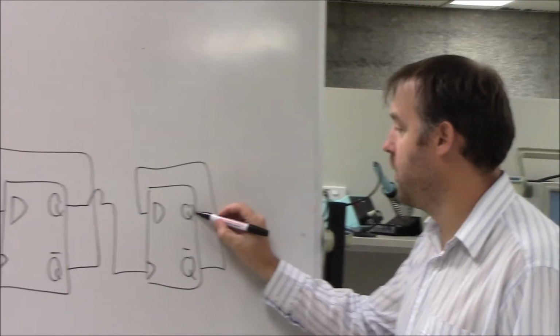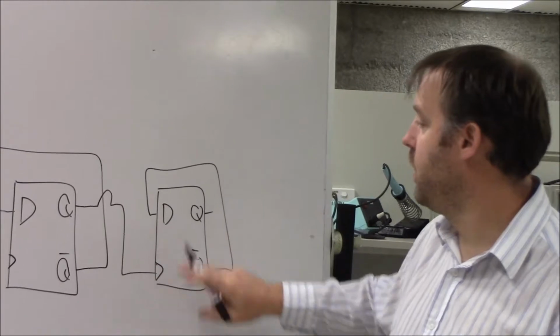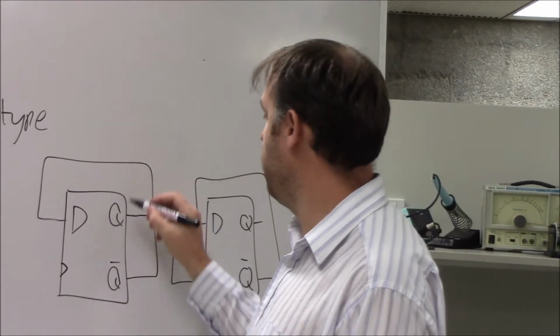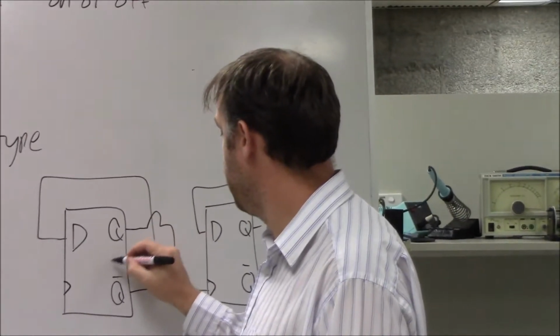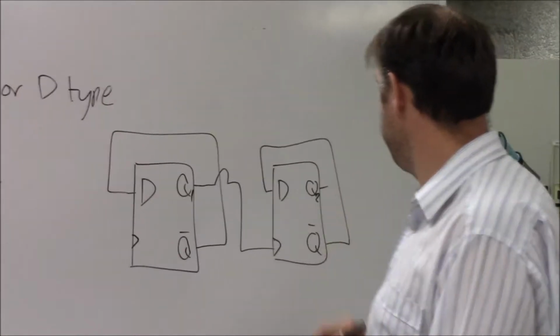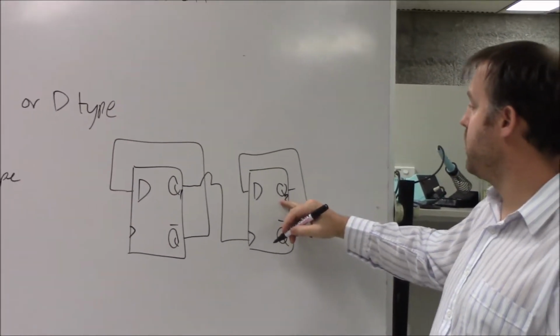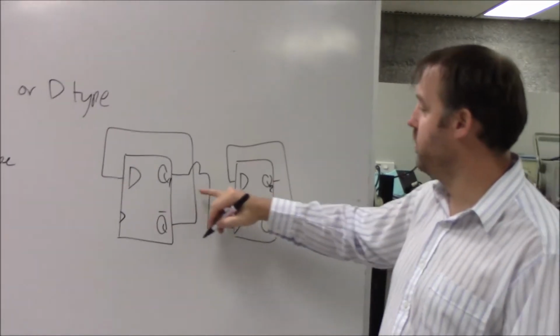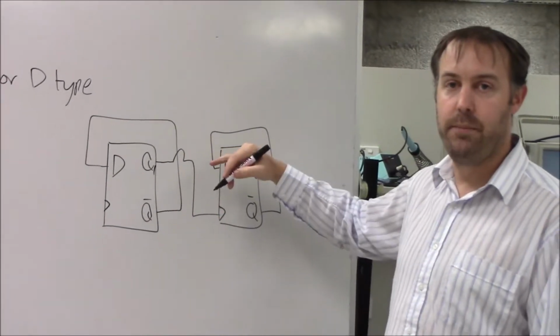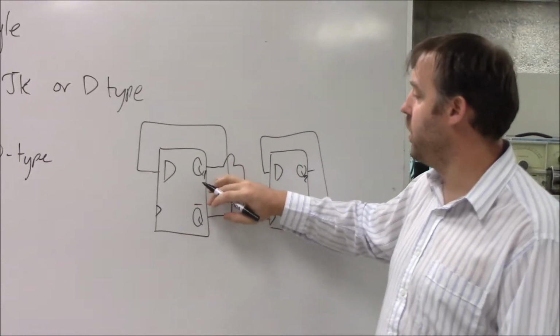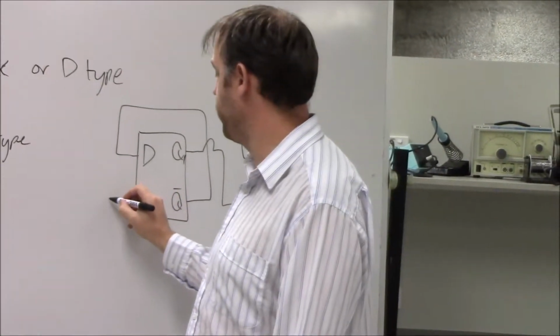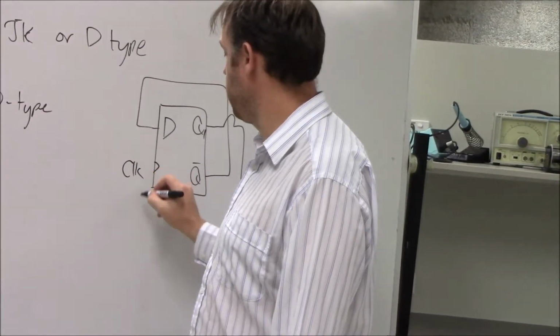So this one, let's call this Q1 and Q2. Q2 here won't change until it sees Q1 going from low to high. And Q1 will only go low to high after a full cycle of clock.